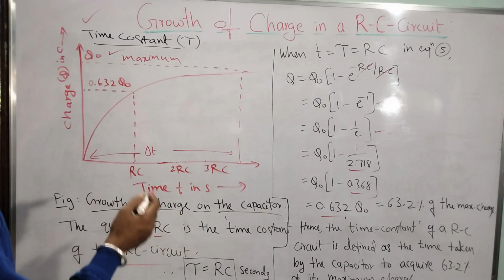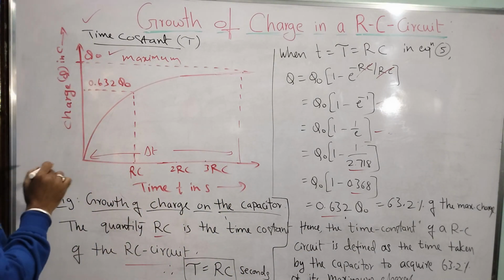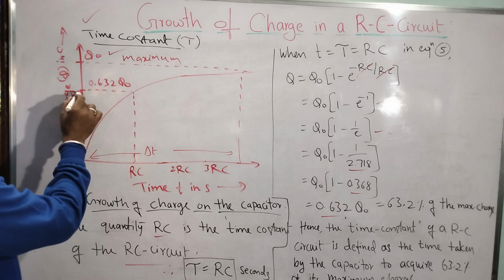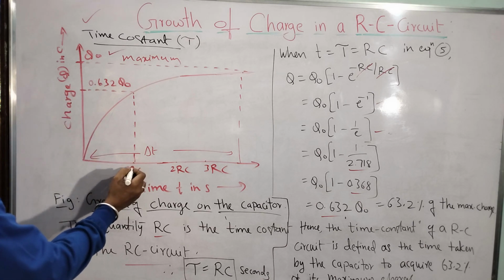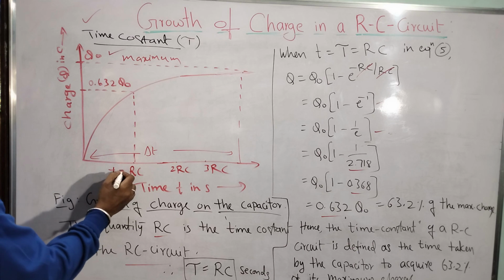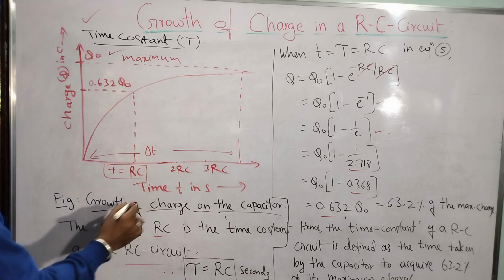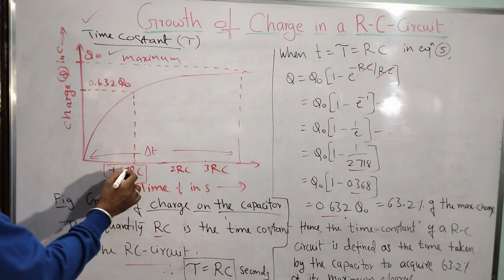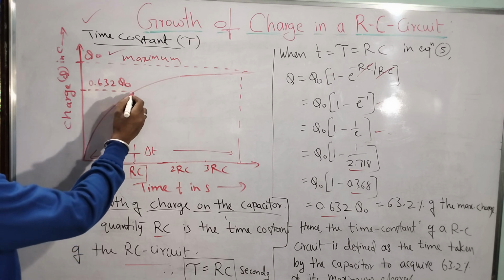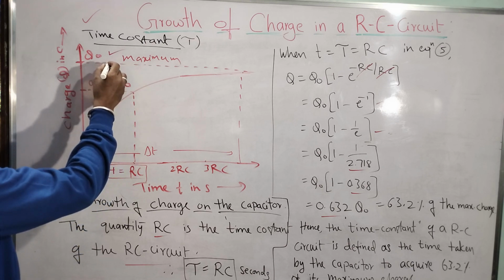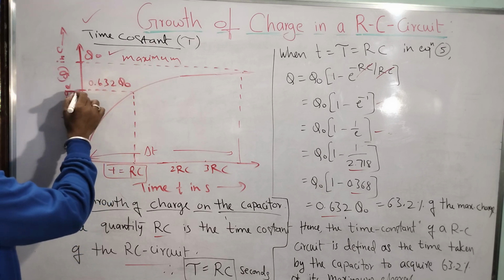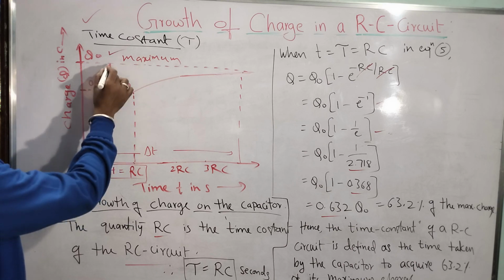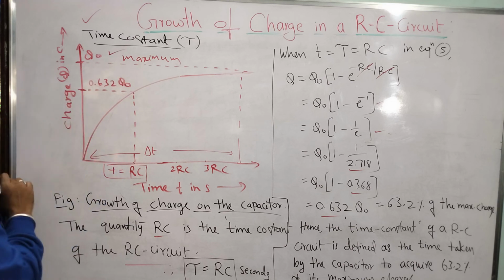You can look at the graph also. If Q naught is the maximum, then exactly at time t equal to RC, that is the time constant. At this particular time, what is the charge accumulated in the capacitor? It is not maximum, is it? It is just 63.2% of Q naught. So hence you will get the value here.